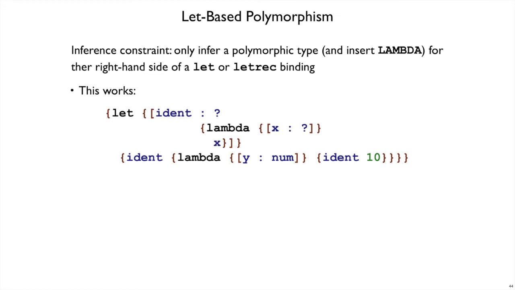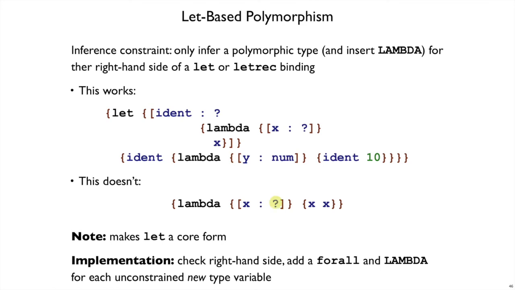Instead, they constrain the places where they will infer polymorphic types. And the main choice is to constrain it to when you have let bindings. So here I have a let bound ident, and a polymorphic type will be inferred for ident. But in this other example that we saw, where x is an argument, because it's not let bound here, it's just an argument to a lambda, then we will not infer a polymorphic type for this x.